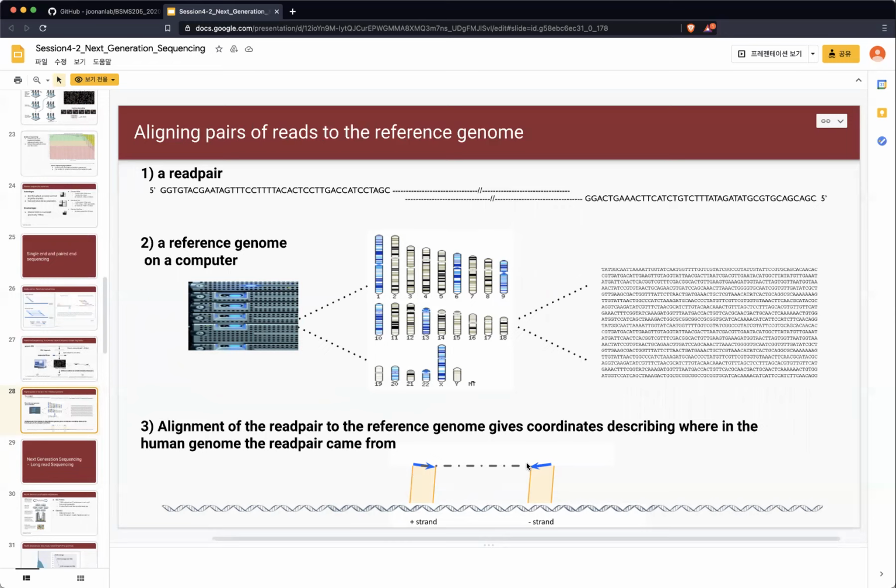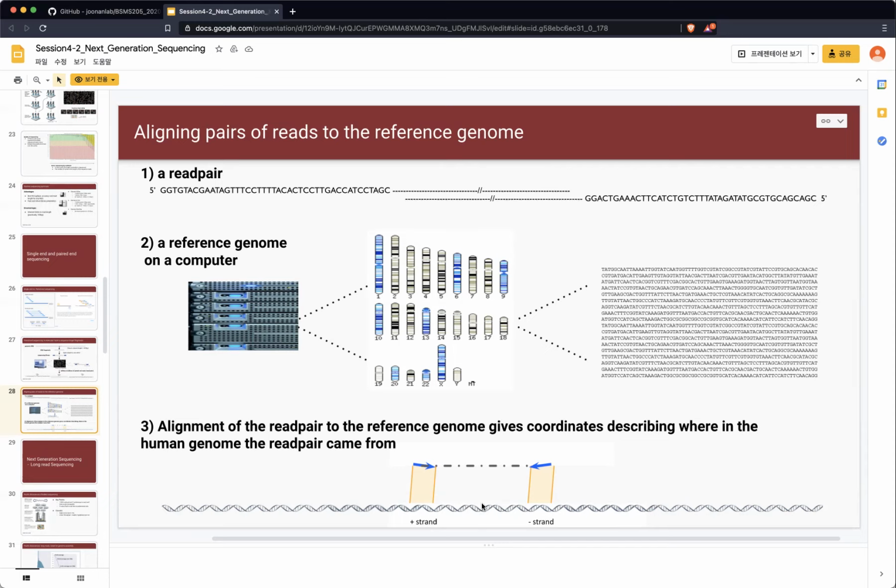Or if you have a longer paired end distance between these two reads, then you can estimate that something extended happened at this position. That means a DNA duplication mutation happened here. That's why you have a much longer distance between these two, right? So paired end sequencing has much more accurate information.